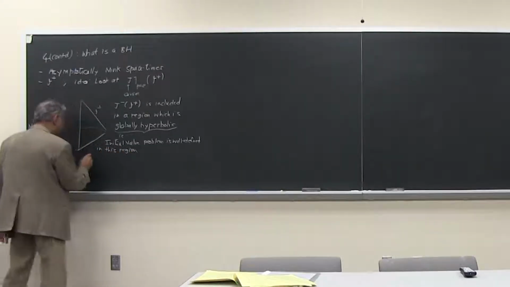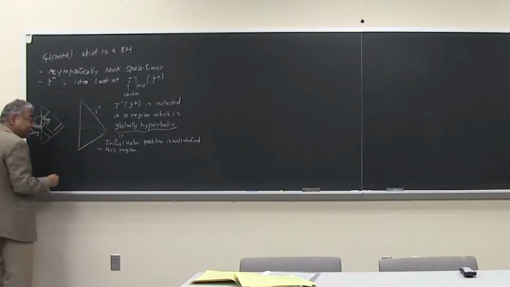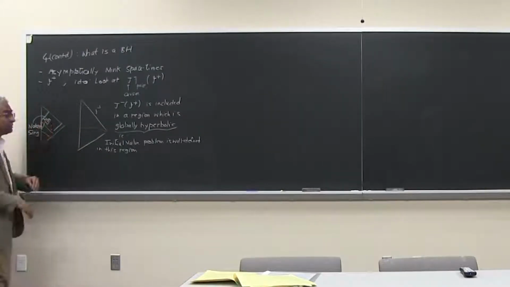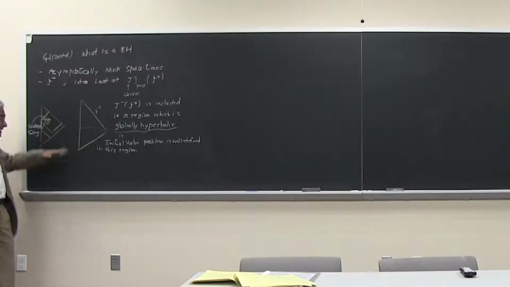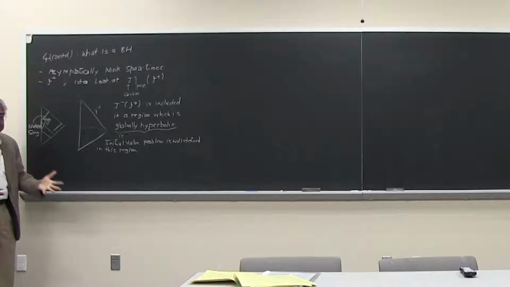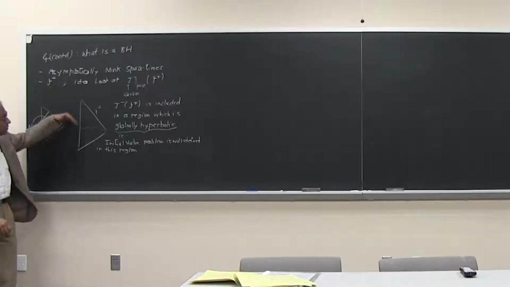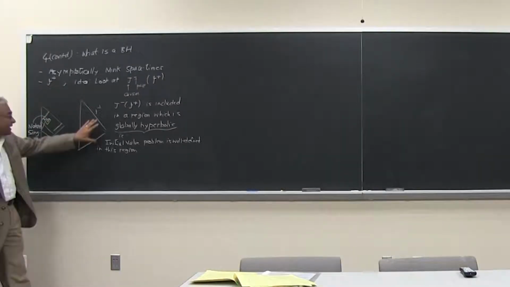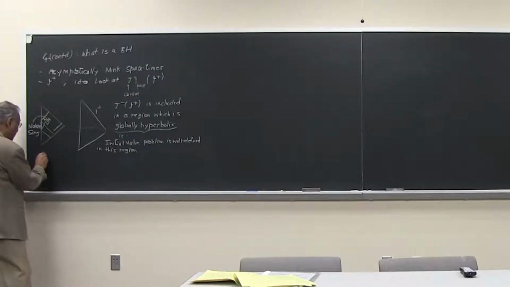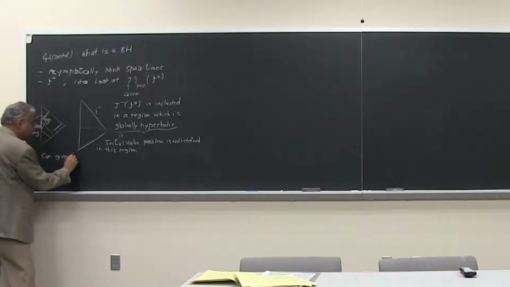In other words, there is a determinism. That means if I give myself initial data on a space-like surface, which determines the solution everywhere in that particular region. So I can give initial data.